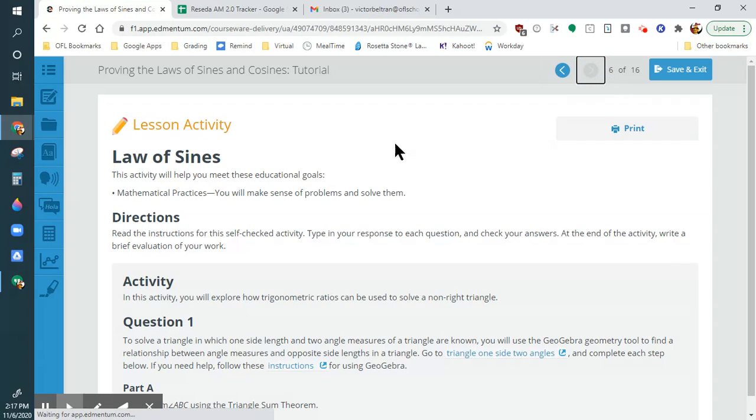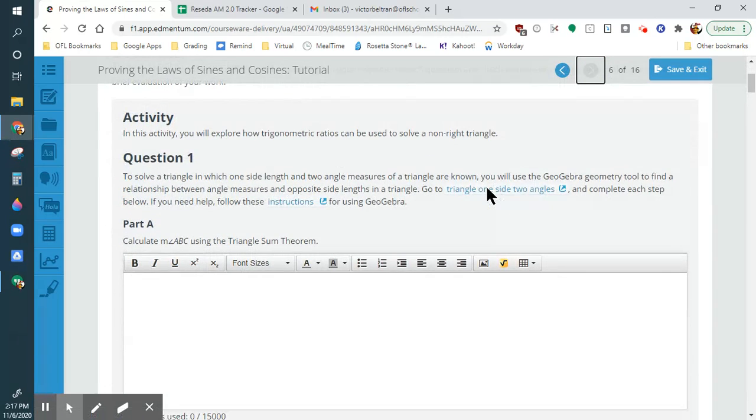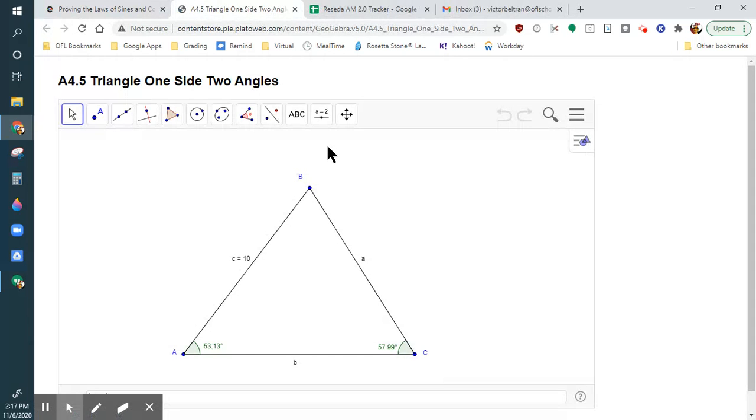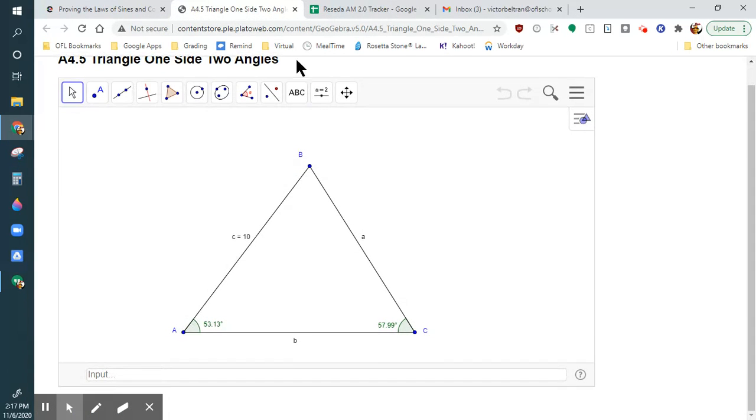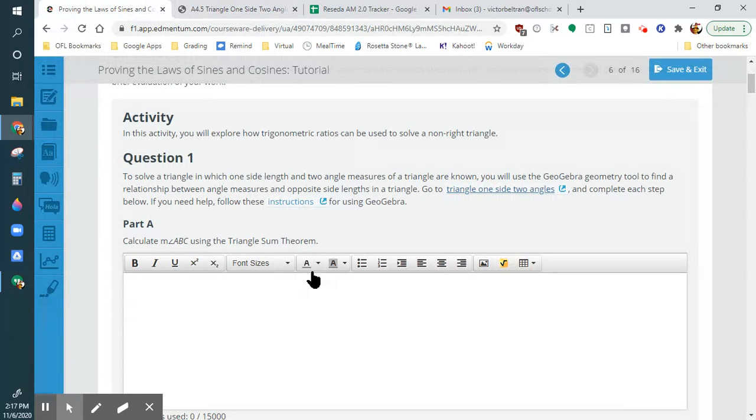We're going to do these processes through GeoGebra. So let's take a look here. So here's our triangle. And the interesting part is law of sines actually works on the same triangle.